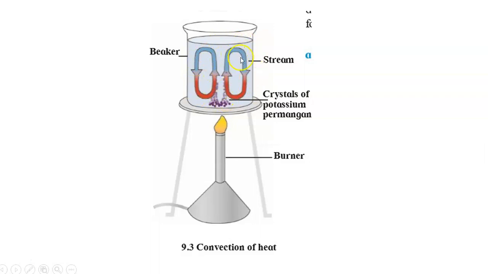Now when the liquid is colorless, we cannot see them clearly, but over here we have added crystals of potassium permanganate. It is pinkish magenta colored. So now we can see streams of water rising this way and coming down because of that magenta color. So this shows convection of heat.